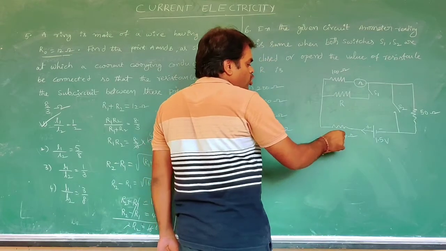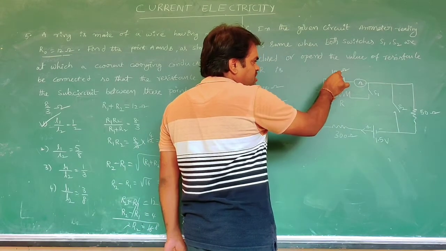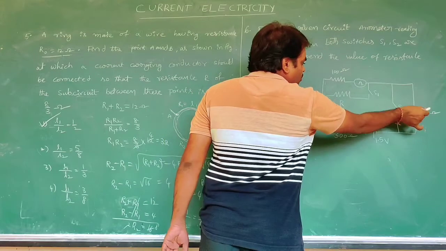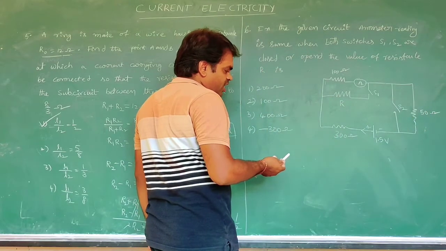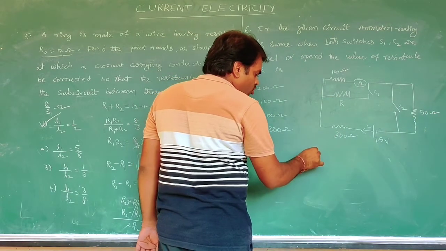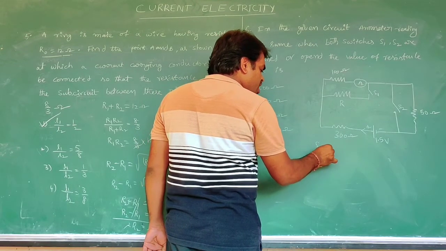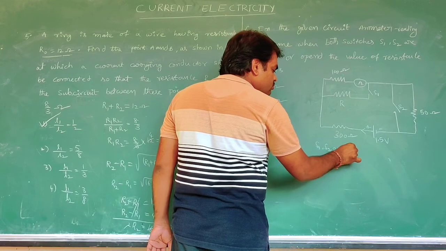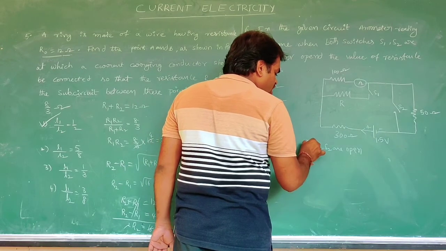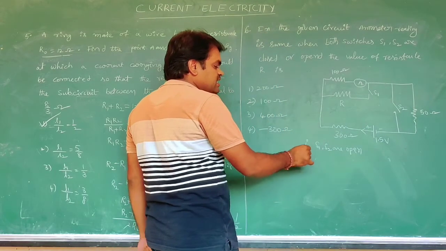At that time total resistance 300 plus 100 and 50, that is 450. Then 450 I, both S1 and S2 are open. I is the same.